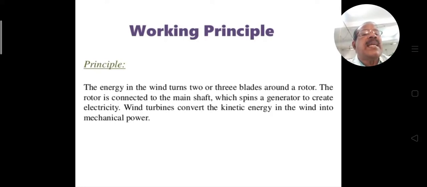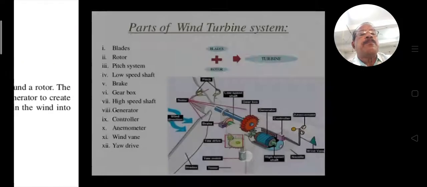That means wind energy is converted into electric energy. Wind turbines convert the kinetic energy of the wind into mechanical power. This mechanical power is converted by the generator into electric power. This is the main principle of the wind turbine.